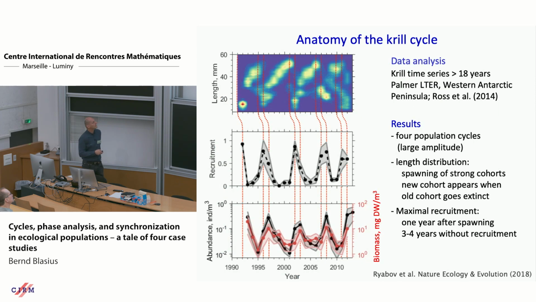We looked at this, and there's one long-term station in the west Antarctic Peninsula, the Palmer series, and there you can download numbers of krill abundance and sizes of krill. Alex was doing this, and over some years where we got the data, we look for the lengths, and you see again these cohorts increasing in size, very similar to what we had before in this algae system.